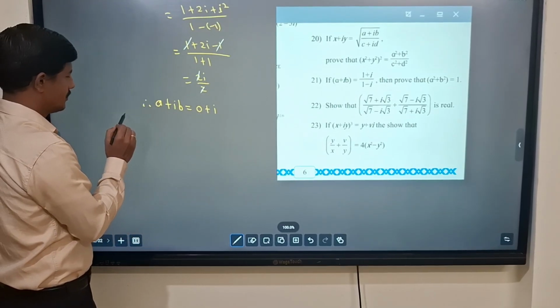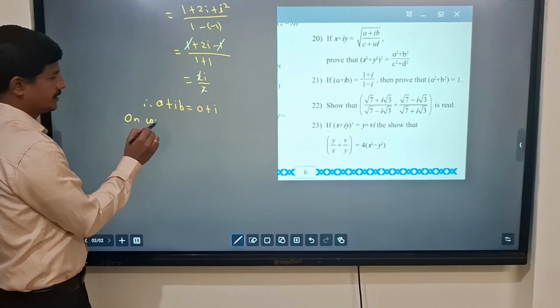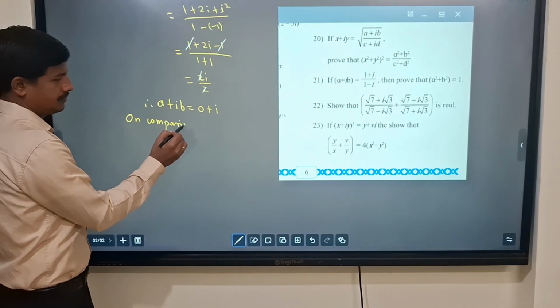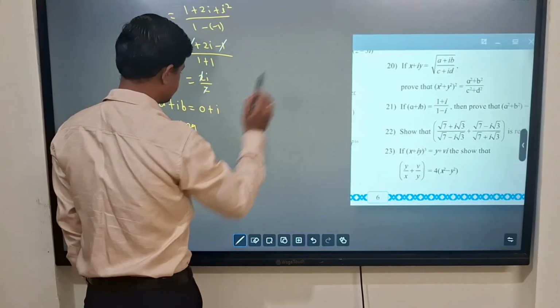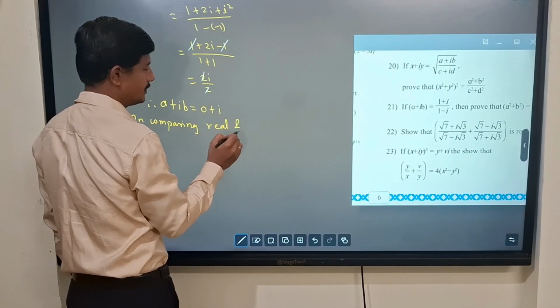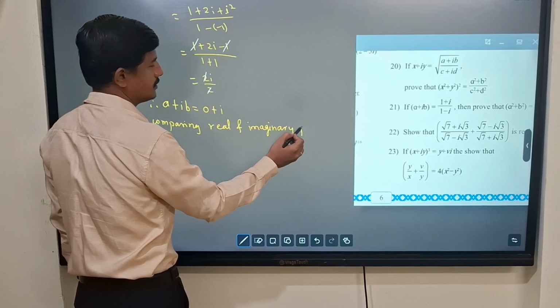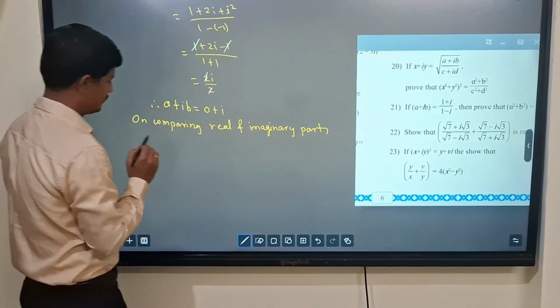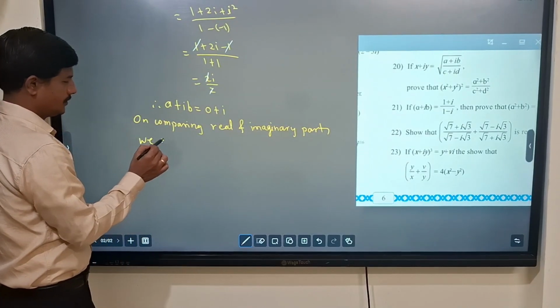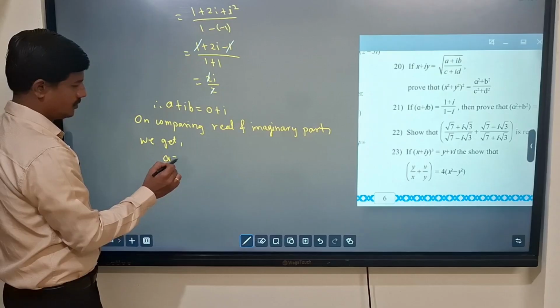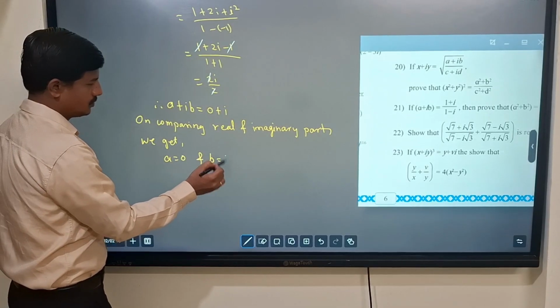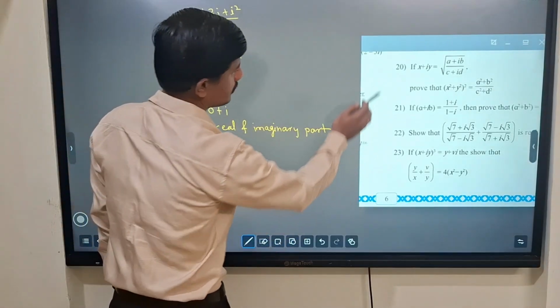Therefore, on comparing real and imaginary parts, we get A equal to 0 and B equal to 1.